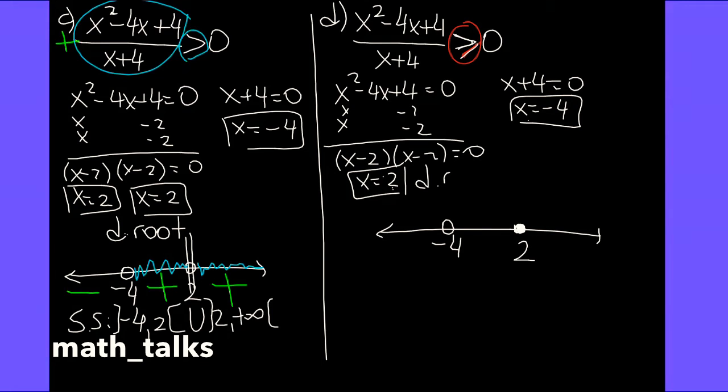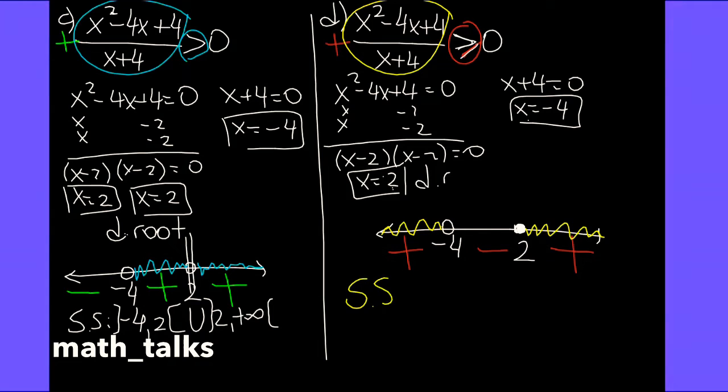Okay, now let's look at the first term. The sign is positive. So from the right side, positive, negative, positive. Okay, when you are choosing which region, you have to look at your expression. The expression is bigger than 0. That means the positive region will be your solution set.